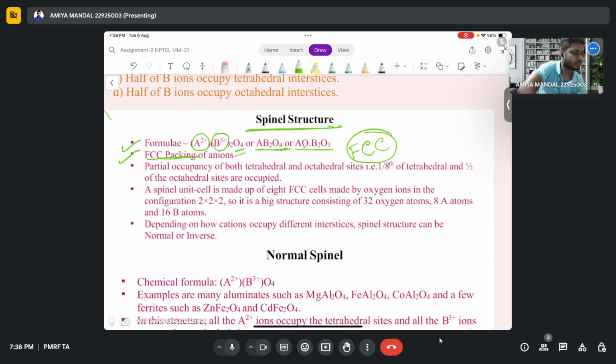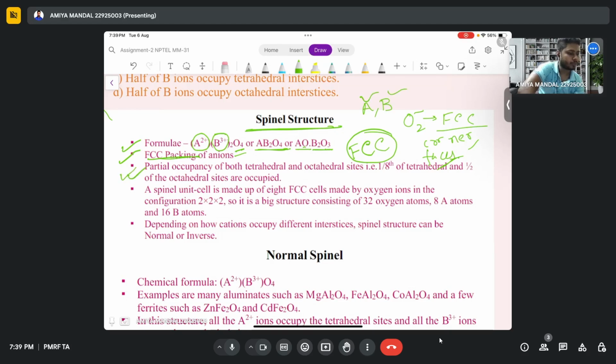Here the anions, O2 minus, reside at the FCC positions, at the corners and at the faces.